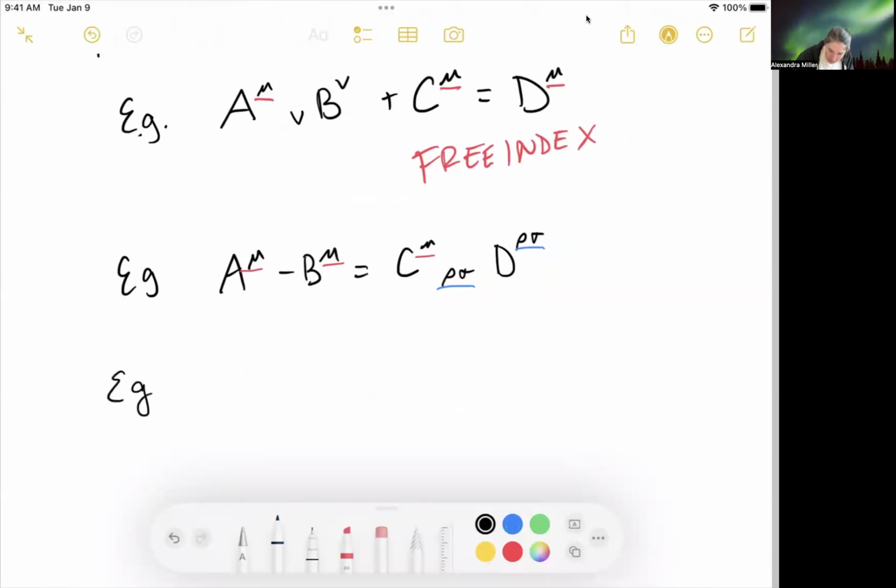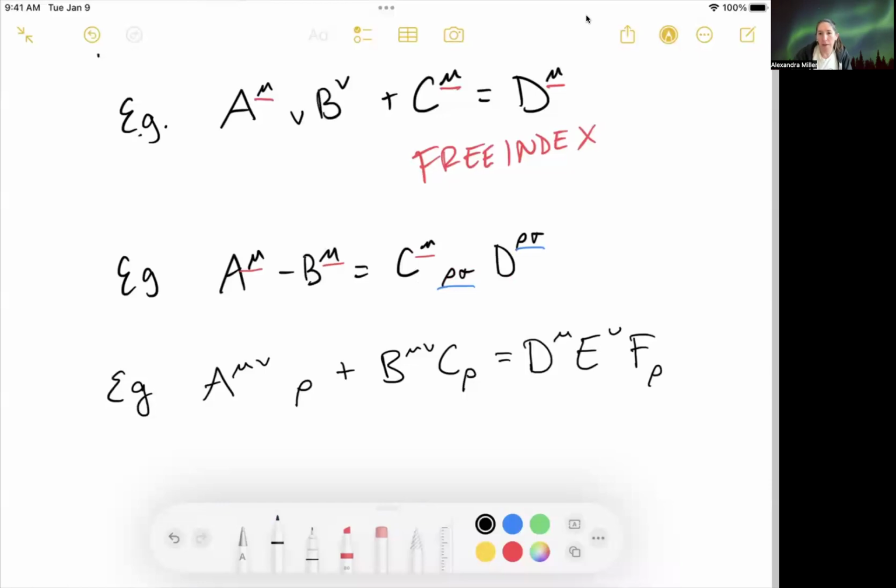Okay, what if we have instead this thing where we aren't summing over things in this first term? Okay, maybe we have something like this.